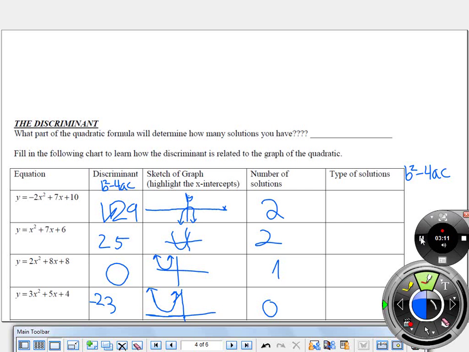Why split this one up into 2? Okay? So basically, if there's a positive number underneath the radical, we're going to get 2 solutions. But the type of solution will vary a little bit. If you're doing the quadratic formula calculation and 129 is your number underneath the radical, what are your final answers going to look like if you're just simplifying them by hand? Yeah, it's going to have a radical, right?